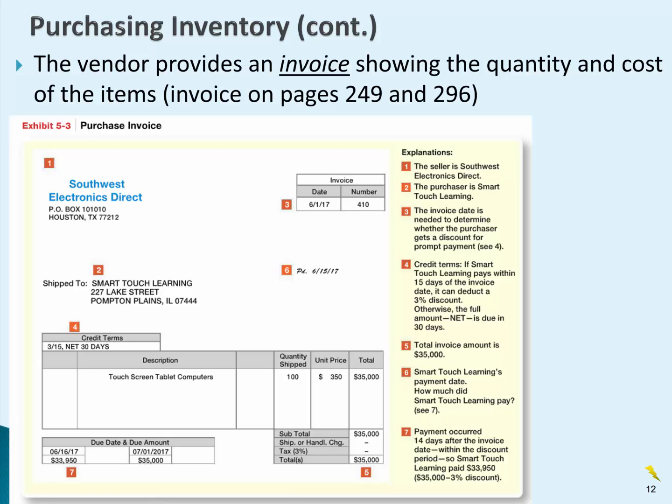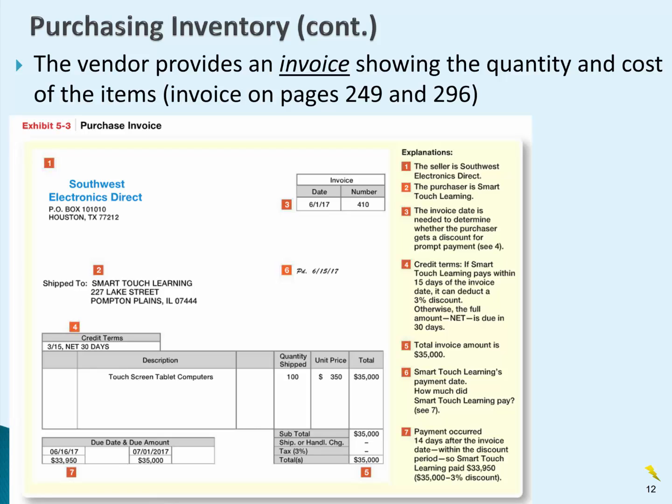The cost of inventory is also impacted, as we said before, by shipping costs, and it's also affected by returns. Obviously, if we return inventory, then the inventory account is going to go down. And if we get a discount for early payment, which we'll explain later, that also would lower the cost of the inventory.